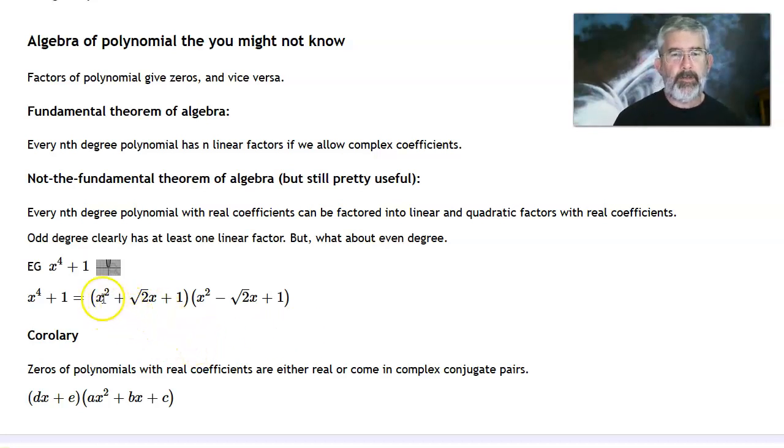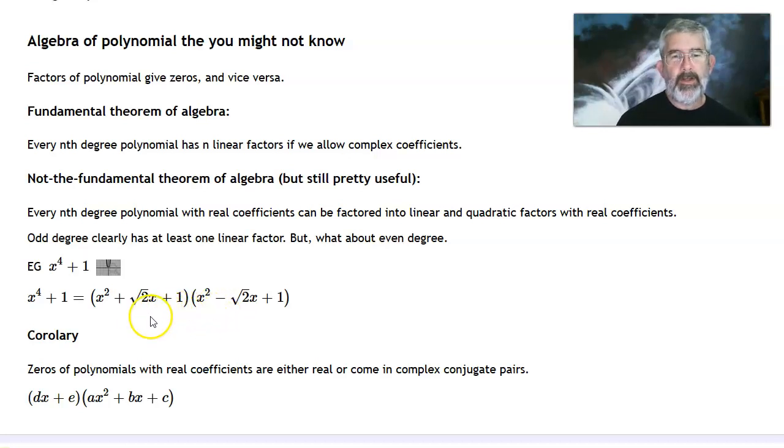It's a big FOIL. You get x squared times x squared, that's your x to the fourth. The x cubes come from x squared times that, and that times x squared, but one of them is minus radical 2 x cubed, and the other is plus radical 2 x cubed, so they cancel. The x squareds come from 3 places: this x squared times that 1, this x squared times that 1, and the radical 2 x times the minus radical 2 x, for a grand total of 1 plus 1 minus 2, which is 0 x squareds.